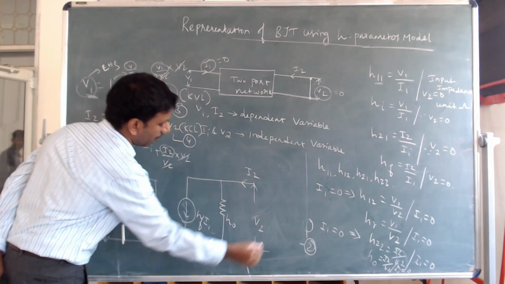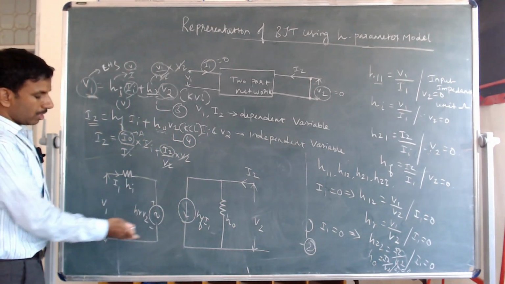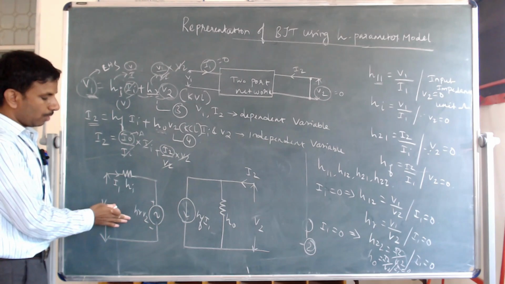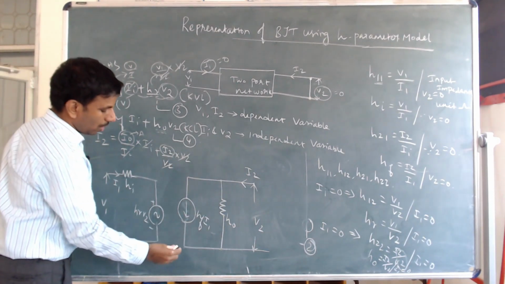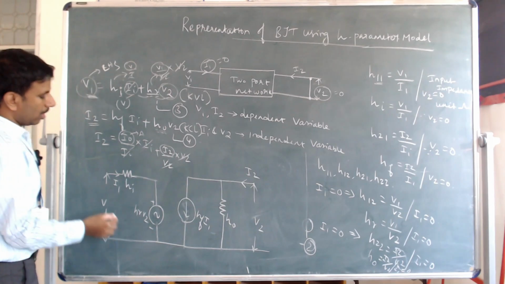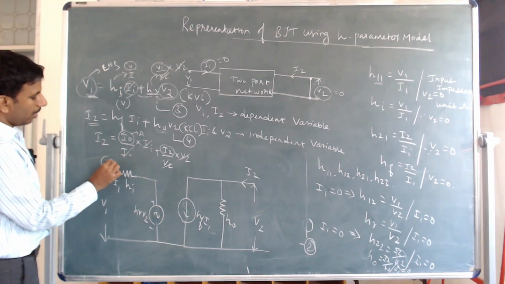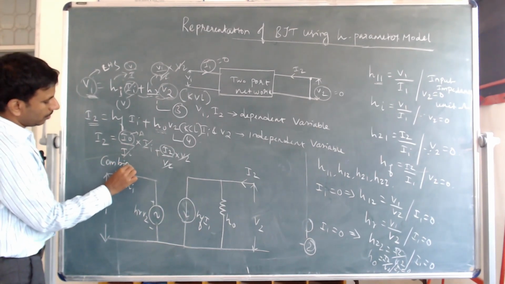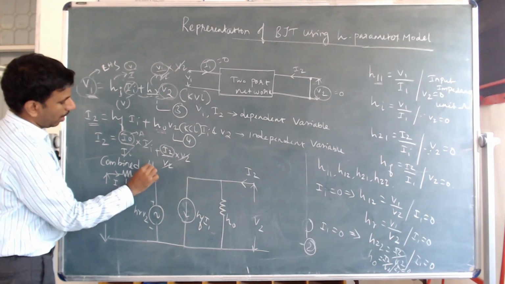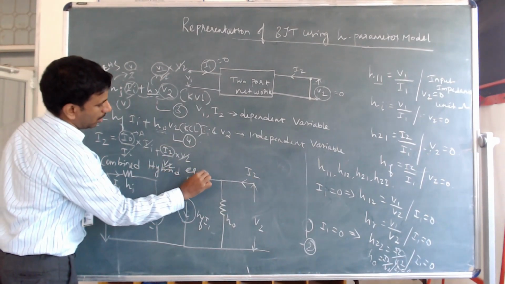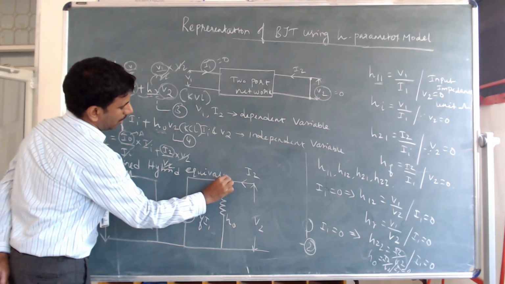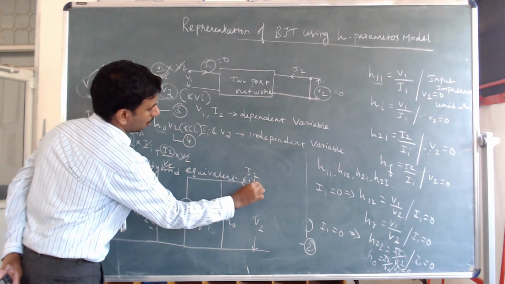This part is dealing with the input equivalent circuit, and this part is dealing with the output equivalent circuit. By combining them together, we will be getting the combined hybrid equivalent circuit.